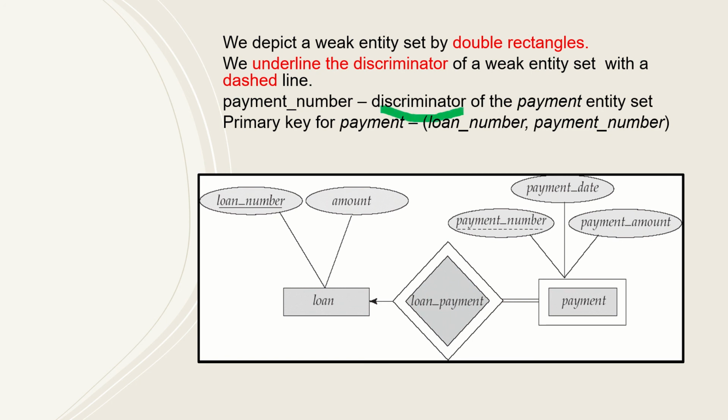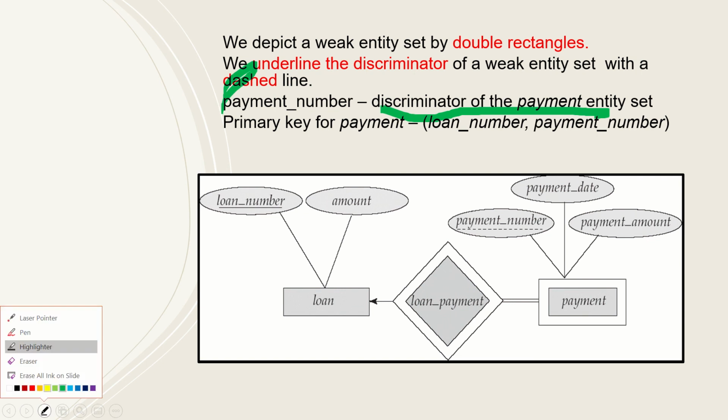And in this example, the discriminator is the payment number. So in our case, this payment number we are setting as the discriminator for this payment table.